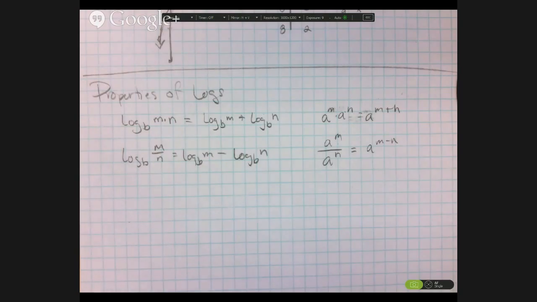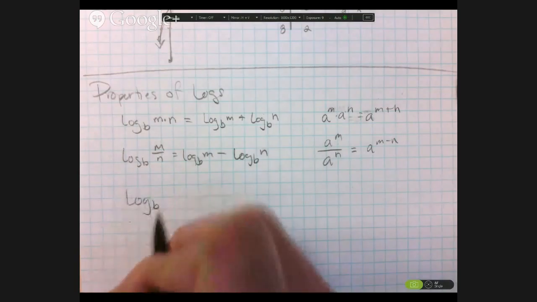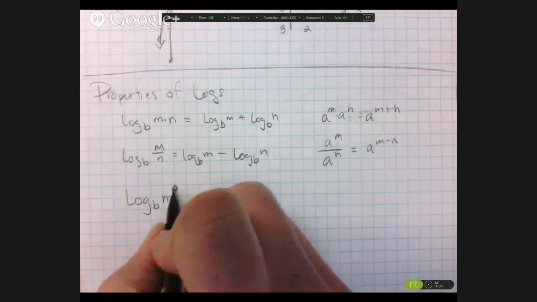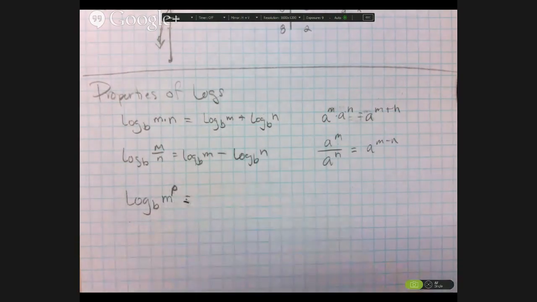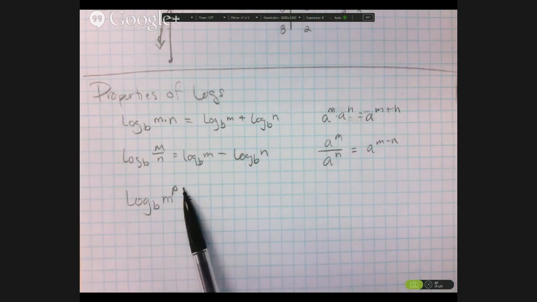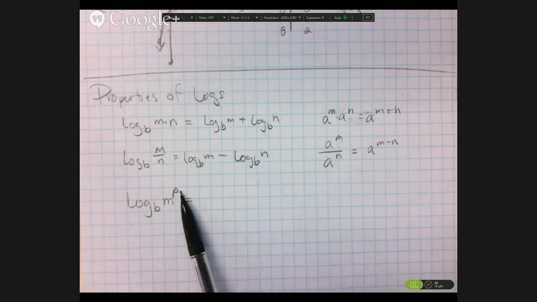The last one kind of gets people, right? It's counterintuitive. This is log base b of m to the power p. It's a power. This is a property of logarithms, and it's very useful.